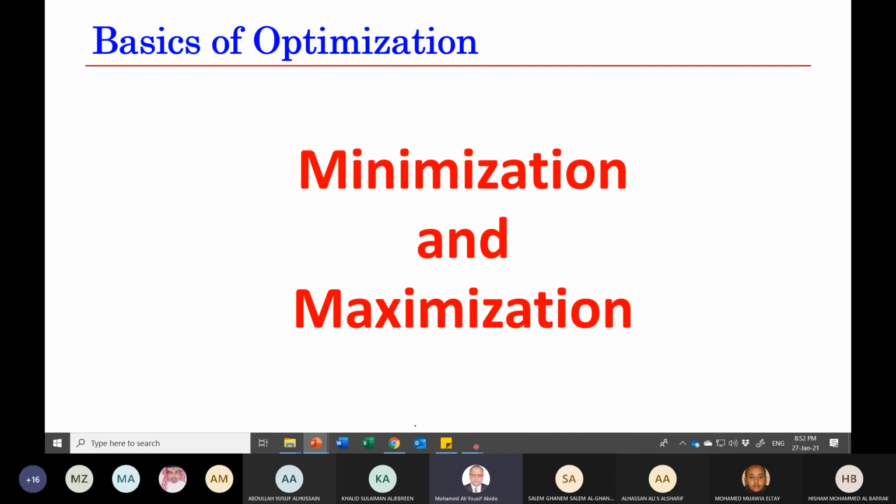Okay. Sometimes you have problems where you need to minimize, and sometimes you need to maximize. For example, minimize the cost, minimize the losses, maximize the profit, maximize the quality. So can we change between minimization and maximization?